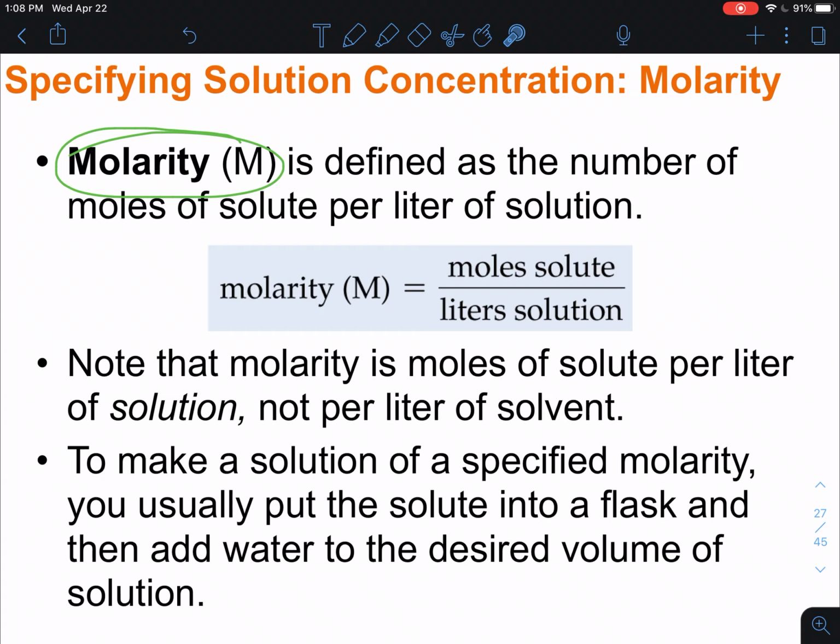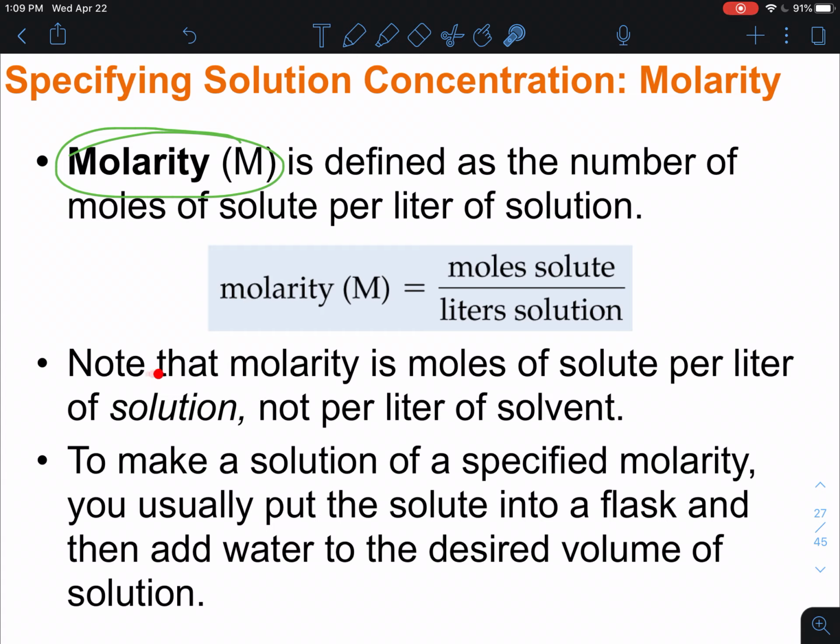It can be represented as a big M, and it's going to be moles per liter. Just remember that the units within M are moles in the numerator and liters in the denominator.